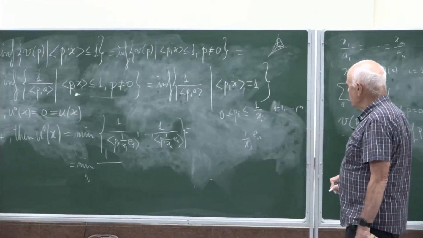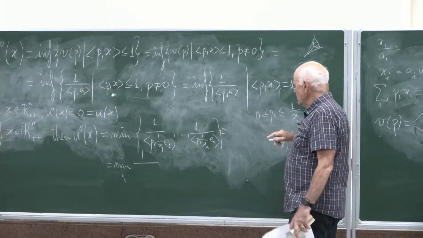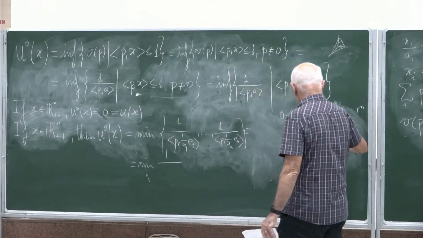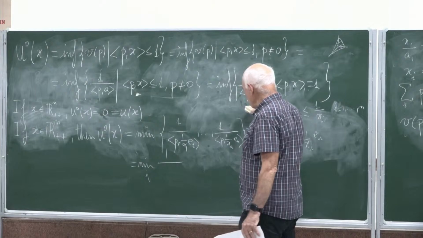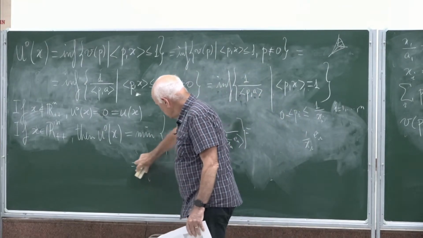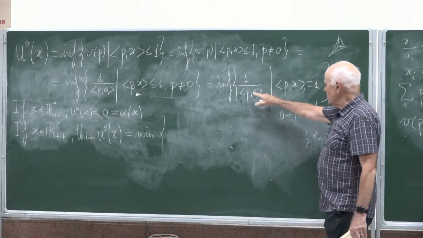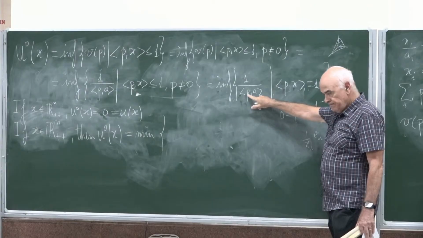Where is the mistake? The mistake is that p are the vertices. a is the coefficient of the objective function. So I am considering just vertices, but vertices are the values of p.